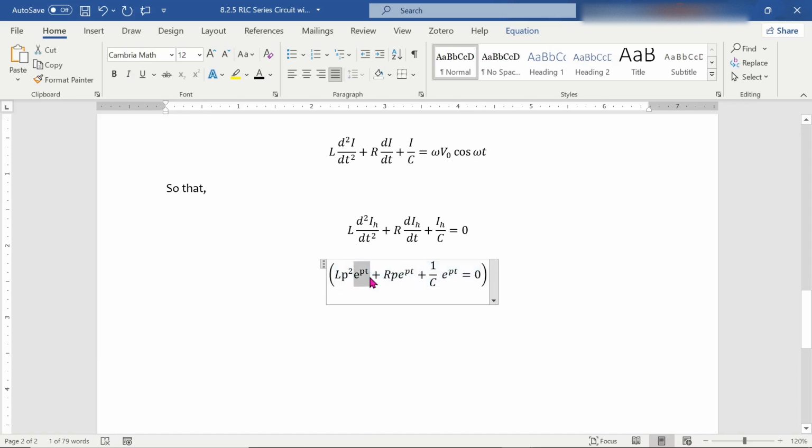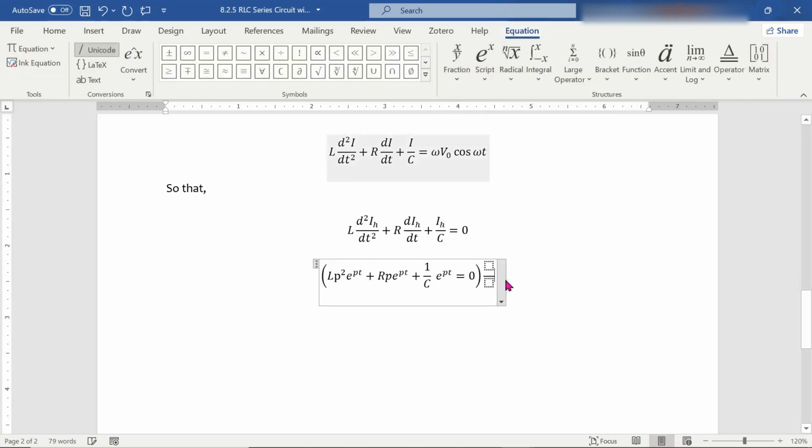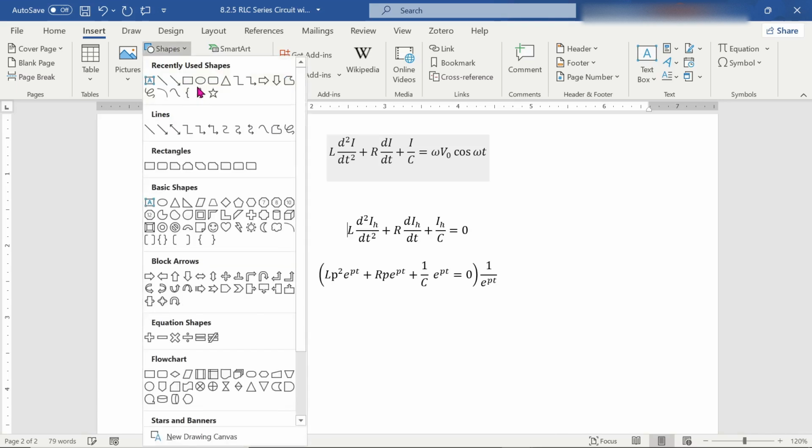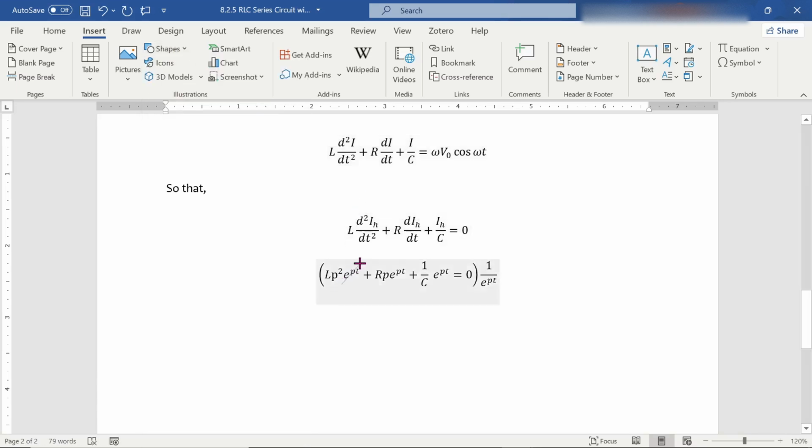Which means that we can divide both sides by e to the pt, so that we can cancel out the e to the pt's.